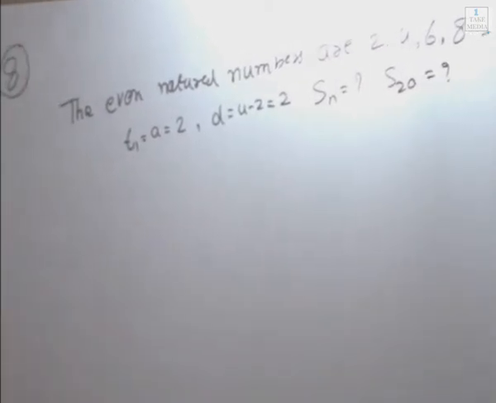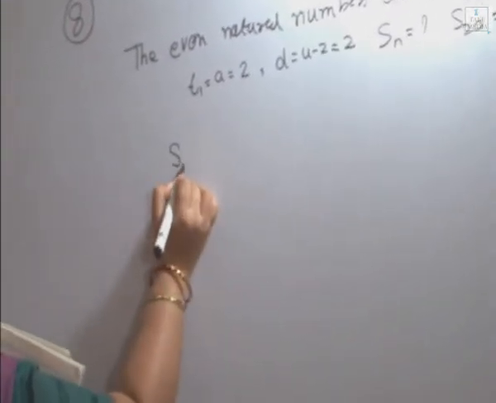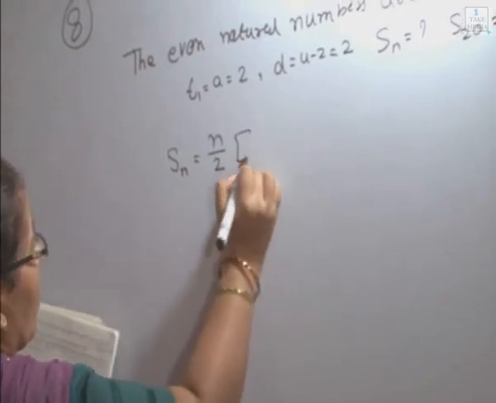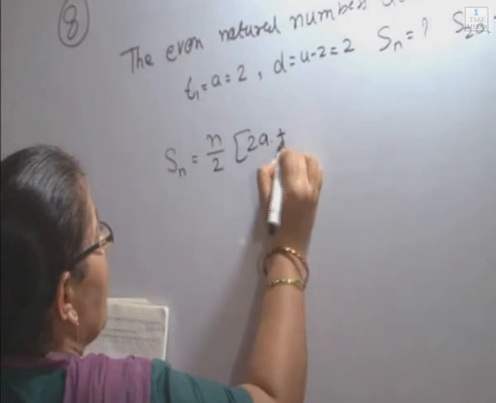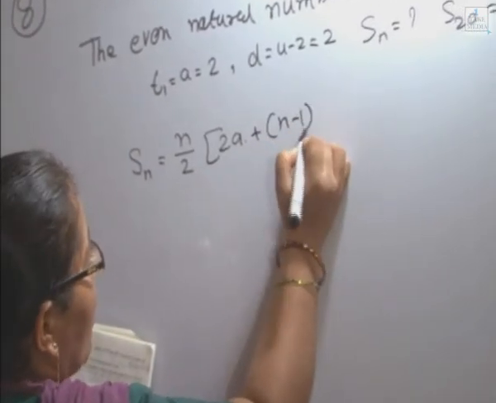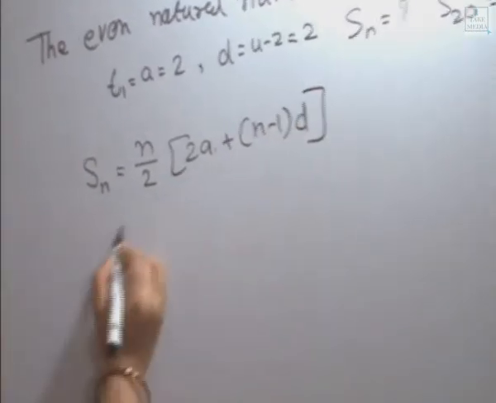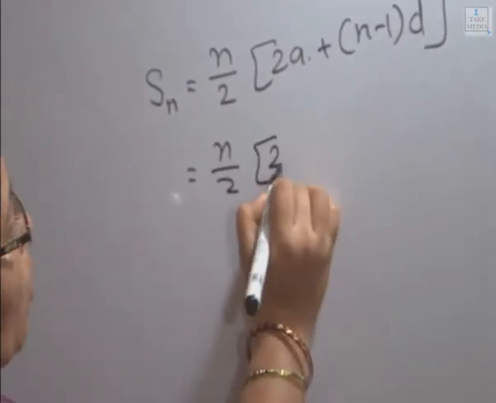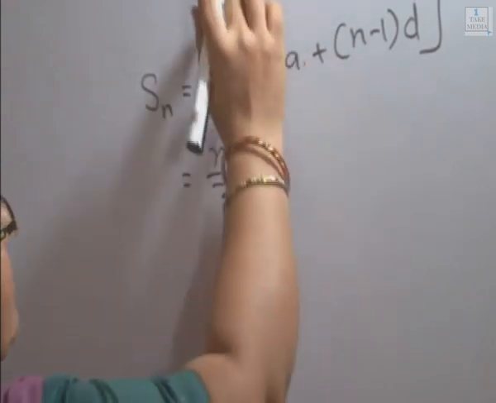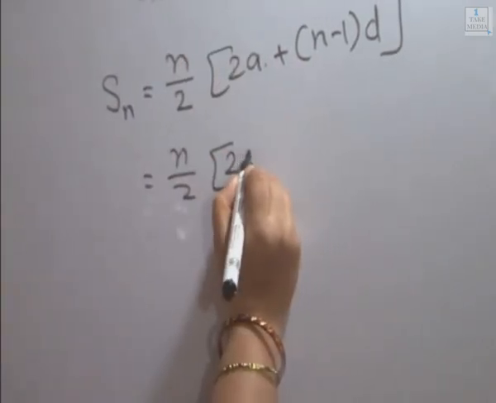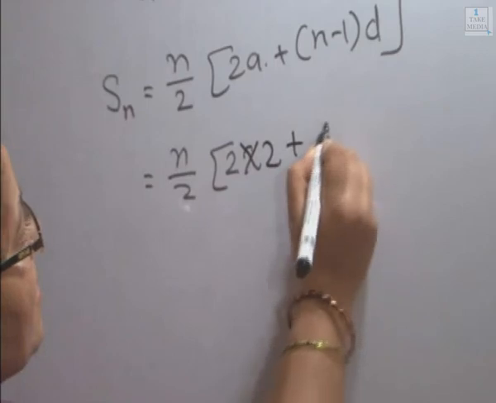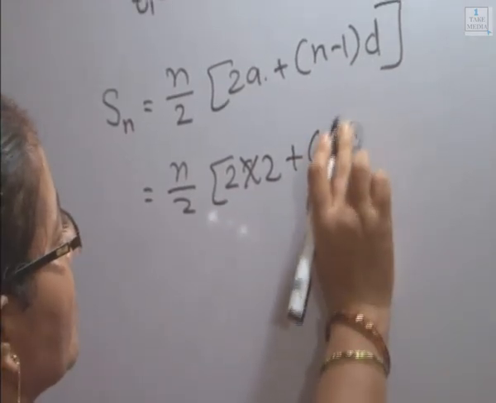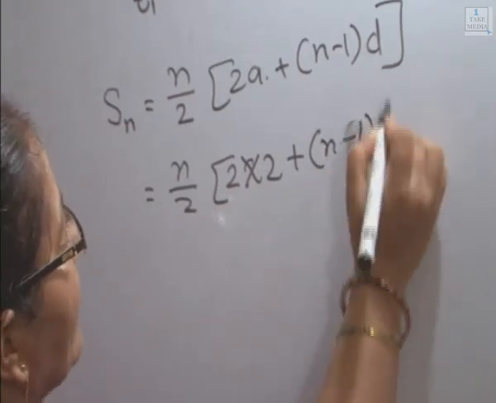So we start with the formula Sn equal to n upon 2 times 2a plus n minus 1 times d. So n upon 2, the a value is 2, plus n minus 1, and the d value is 2.